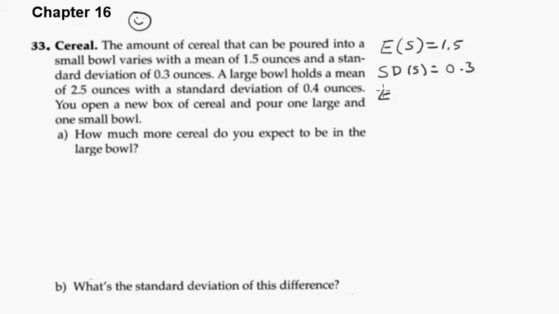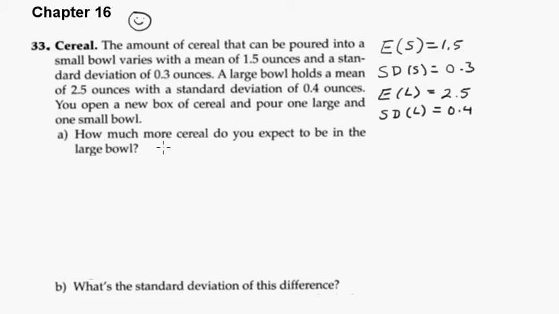And for the large bowl, I'll use L as my random variable, there's an expected amount of 2.5 ounces with a standard deviation of 0.4 ounces. So this is the given information.